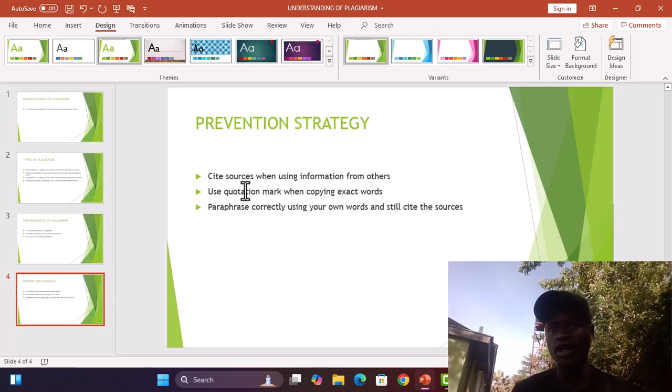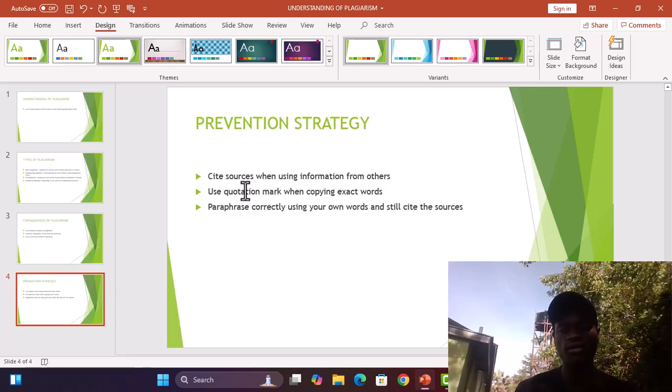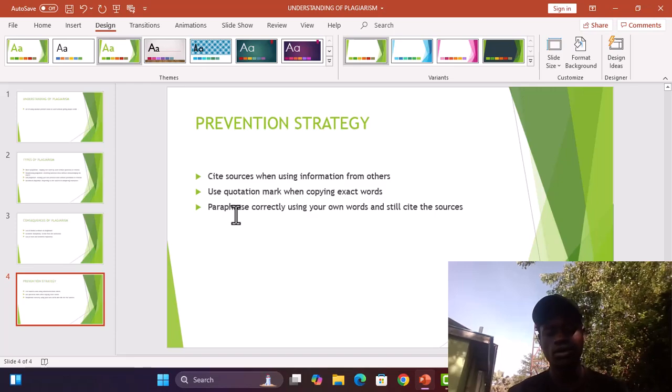Also, you have to paraphrase correctly using your own words and still cite the source. After you have paraphrased the information, you cite the source of that information. That's what we call preventive measures.